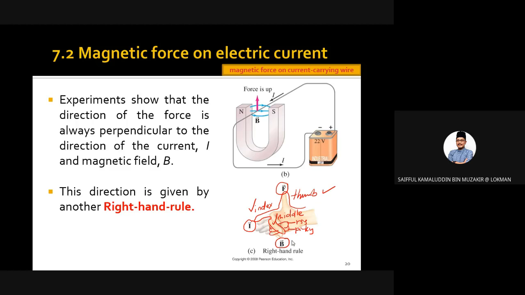Okay, use F-I-B. How to use it? So realign your right hand, follow the direction of I. So I is going over there. B goes from north to south.